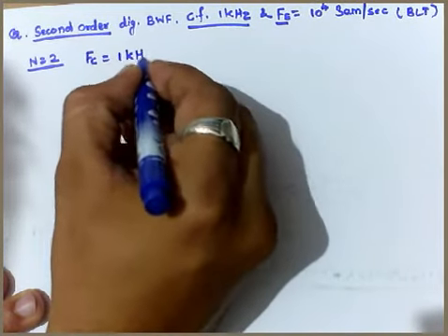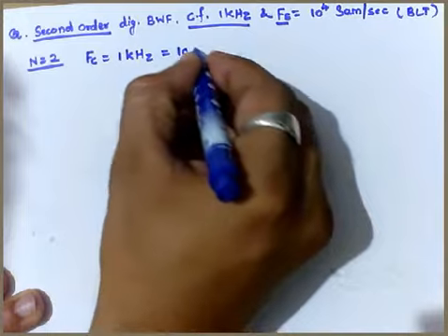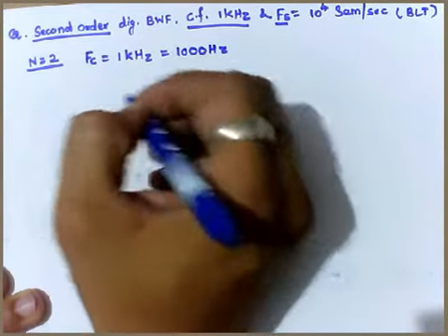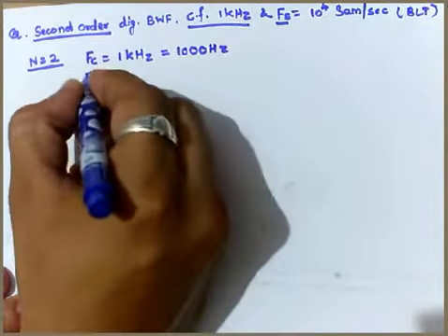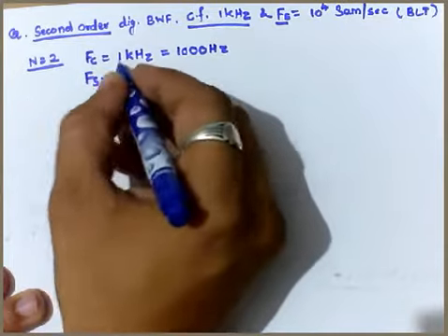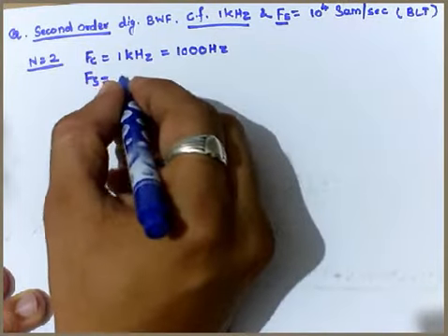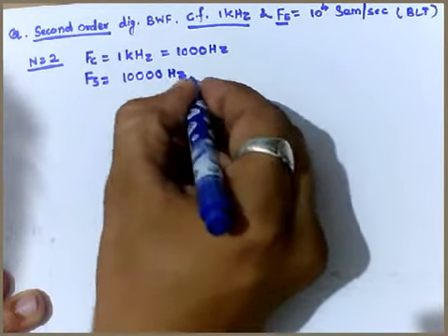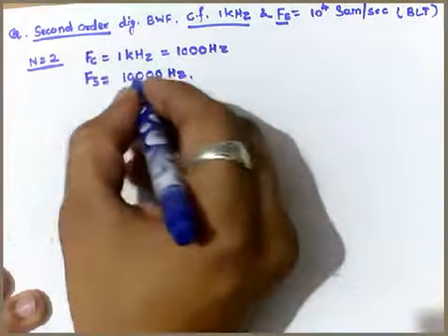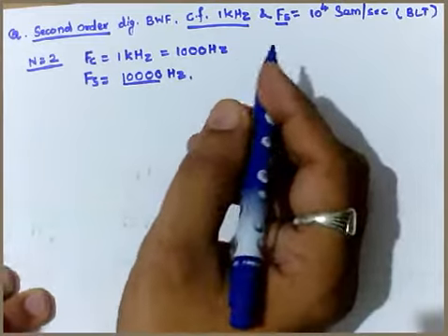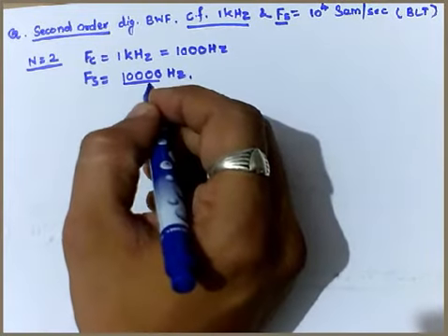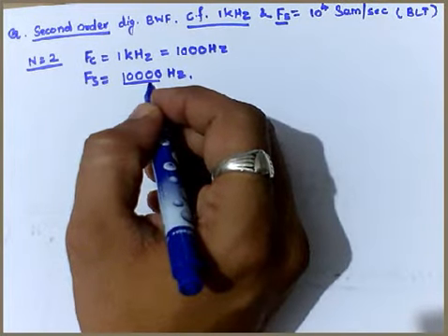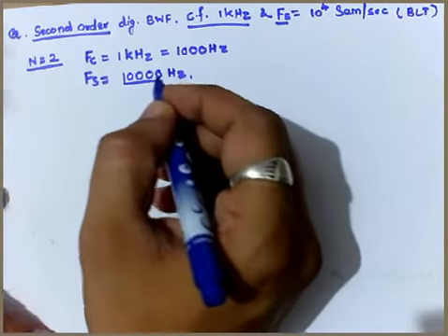Fc is equal to 1 kilohertz, that is 1000 hertz. Similarly, the sampling frequency Fs is 10 raised to 4 samples per second, that is in hertz, 10,000 hertz.